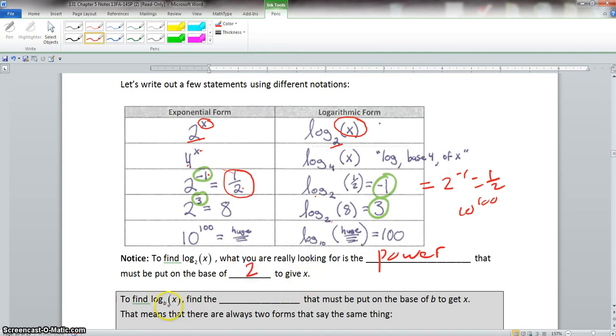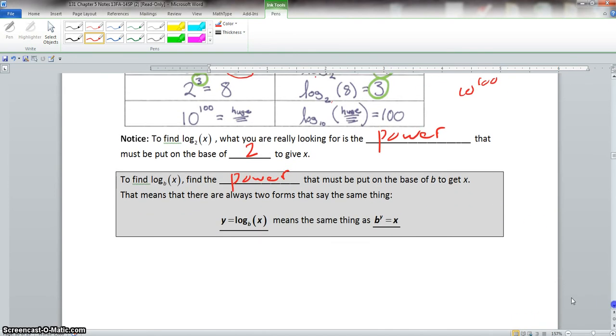To find log base b of x, find the power that must be put on the base of b to get x. That means that there are always two forms that say the same thing. So we have y is equal to log base b of x, means the same thing as b to the y power is equal to x.